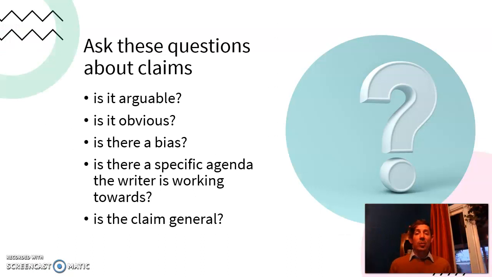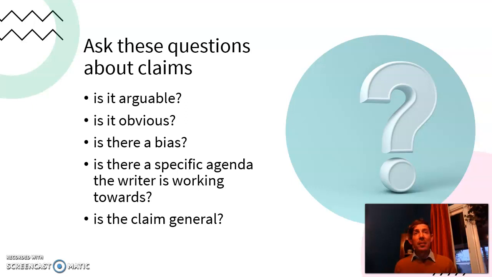Now, ask these questions when you are presented with a claim. This will help you narrow down whether it's a weak claim or strong claim, whether it's justified or not. Is it arguable? Is it obvious? Is there bias? Bias is a big one. You don't want to include bias in your claims. It taints it right off the bat. Is there a specific agenda the writer is working towards?